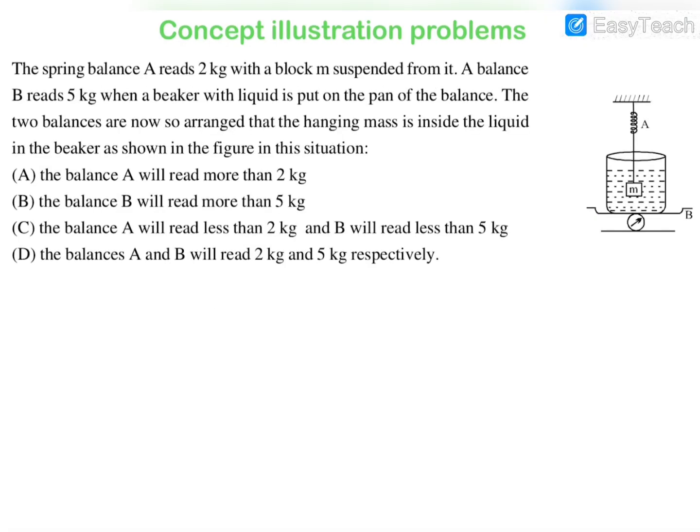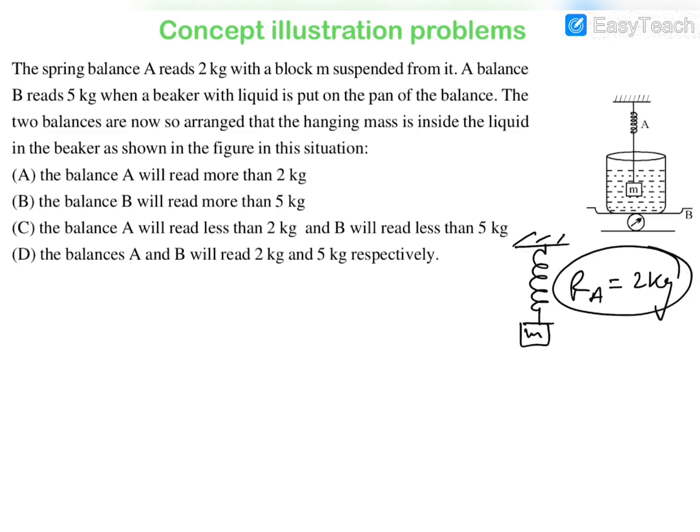In this question, you can see that initially this mass m was hanging with this spring in air, and the reading of spring balance A was 2 kg. Which means clearly that this mass is 2 kg.